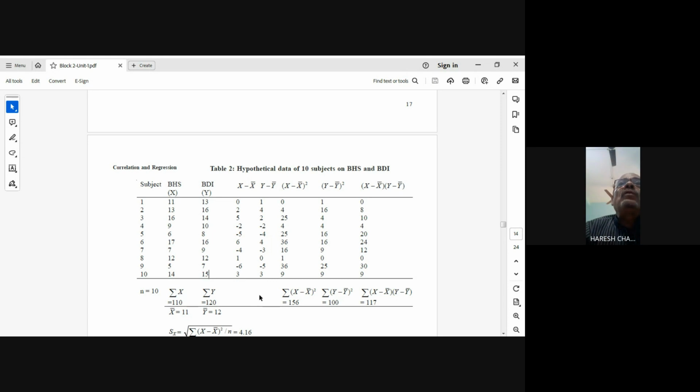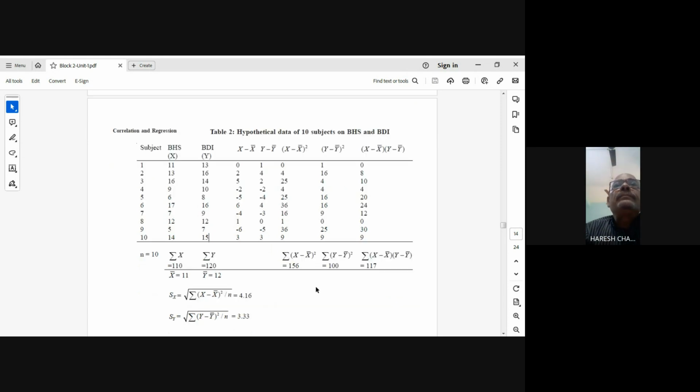Now you see what you have to find out. N is equal to 10. There is no problem in finding that out. Then BHS score, sigma x, add these things, get the summation, it is 110.